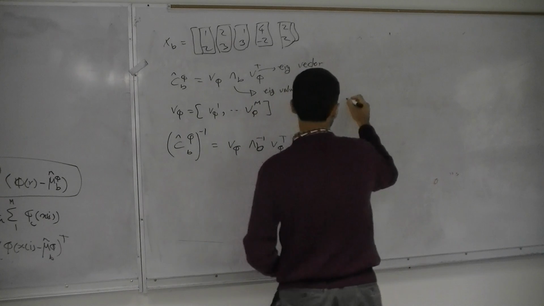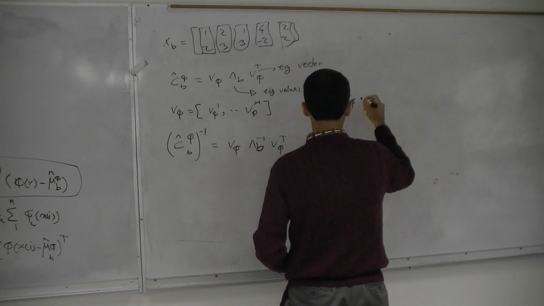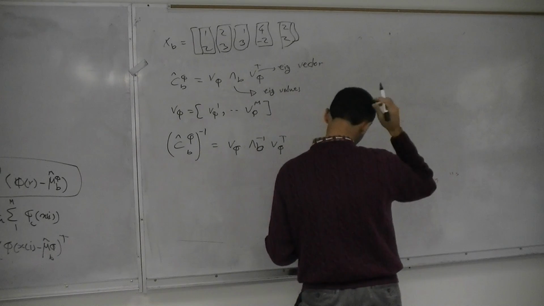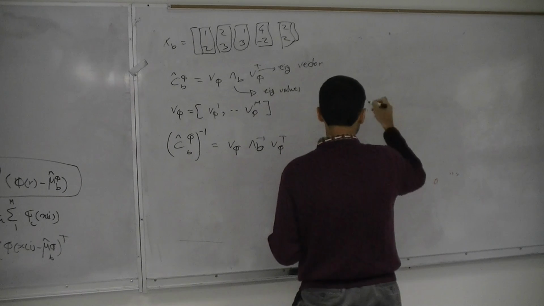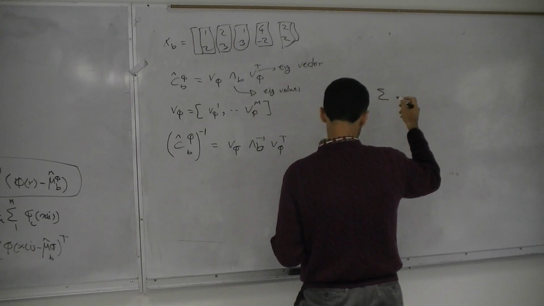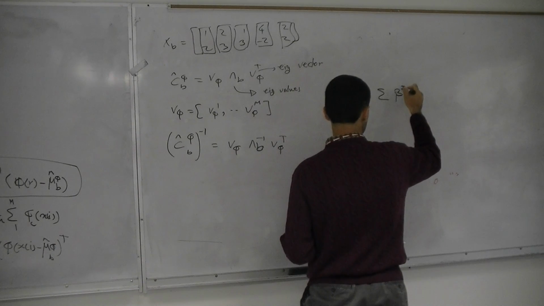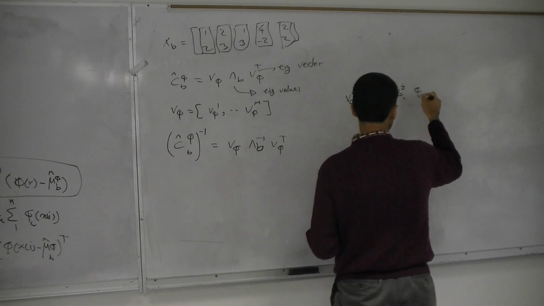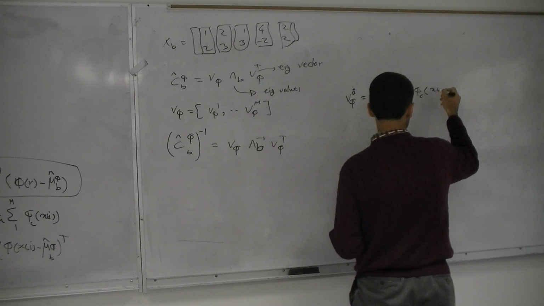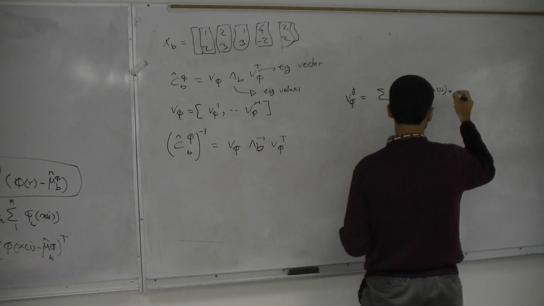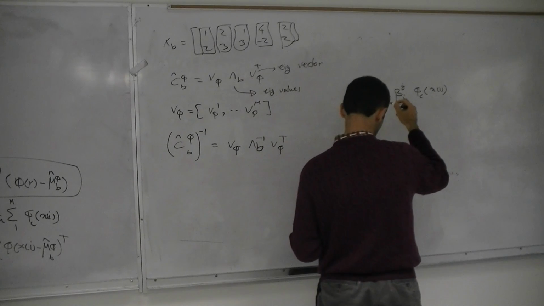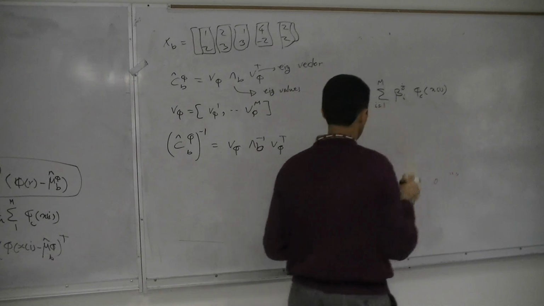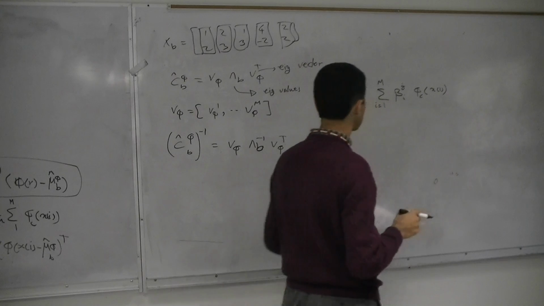For example, if I want v phi r j, it's equal to beta ji, and it's the summation of the data in the second space.